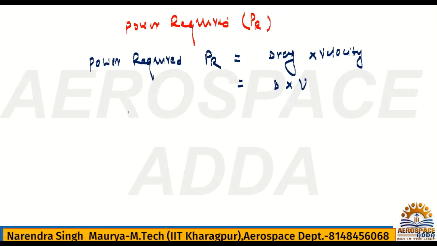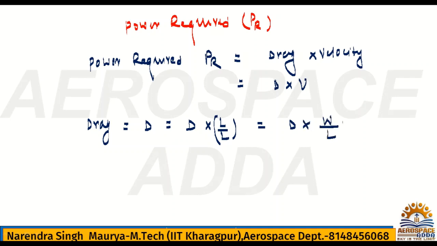Now we have to check this manipulation. It's simple, not tough. As we know, we can write drag separately here. For steady level flight, drag is nothing but drag into L by L, and for steady level flight, lift is nothing but weight.